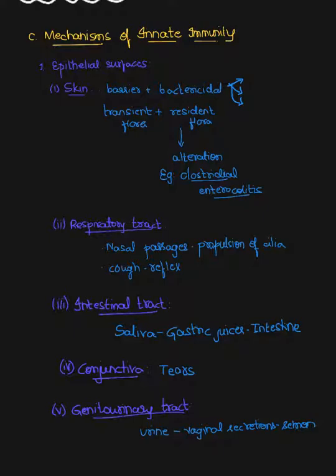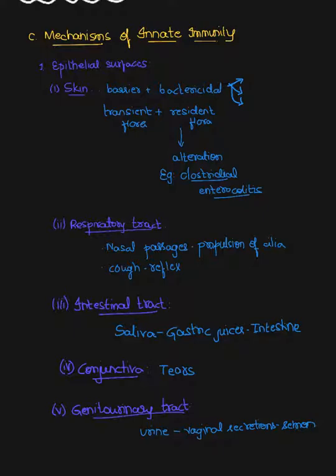And in the intestinal tract, the saliva has an inhibitory action on many bacteria, and if by some chance bacteria enter inside, they will be killed by the gastric pH in the stomach. There is also some normal flora in the intestine, and there is a bactericidal action even in the intestine.